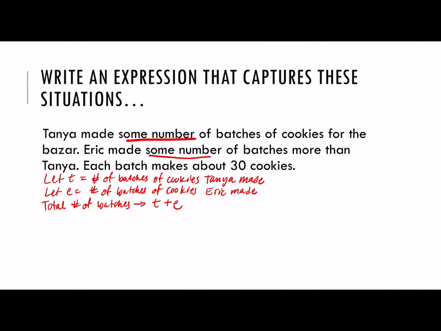So since Eric made some number more than Tanya, or in other words, since E is greater than T, we want to let X be the number of batches more Eric made than Tanya. Okay.